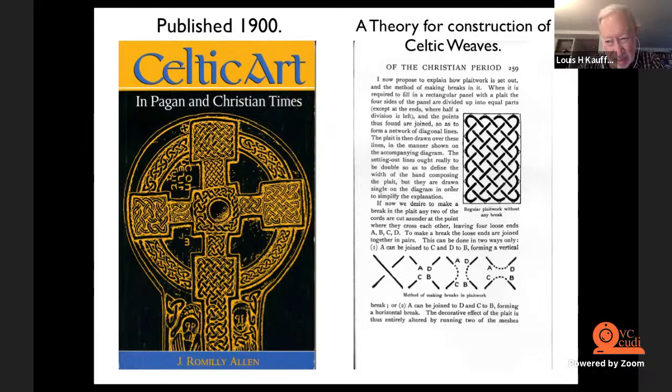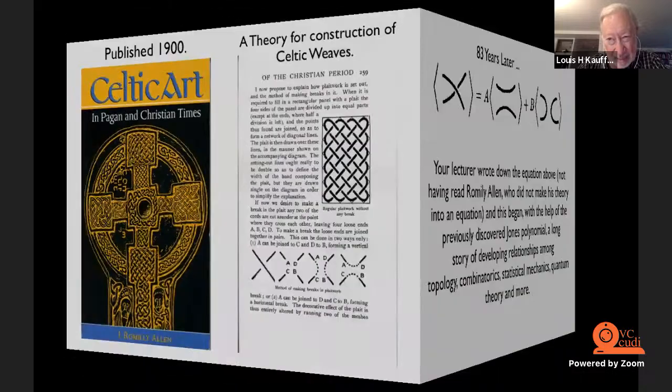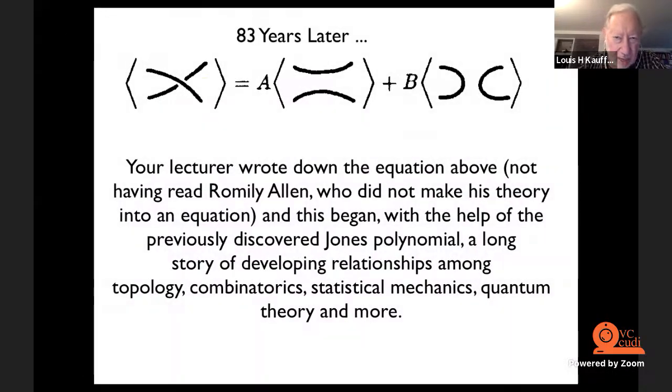But this decomposition of a crossing into two ways of smoothing it, or two ways of reconnecting it, like this, turns out to be a good idea for getting knot invariants, where the idea is more mathematical. You say, I have a knot diagram, and I'm going to reconnect it one way, and I'm also going to reconnect it the other way, and I will add up over all the possibilities.